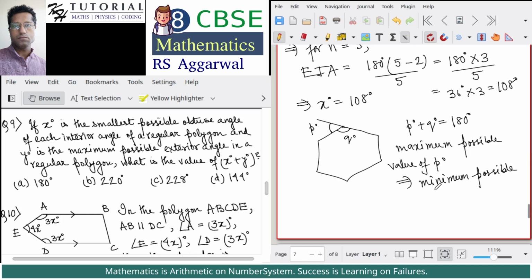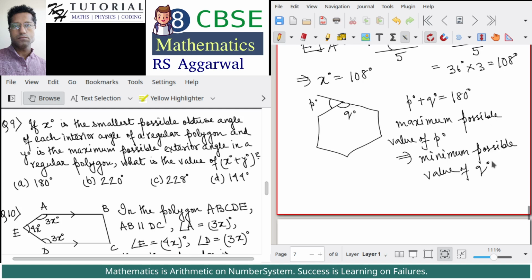And q degree is the internal angle of the regular polygon.